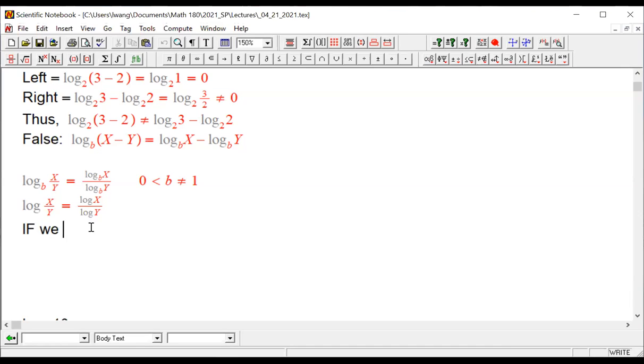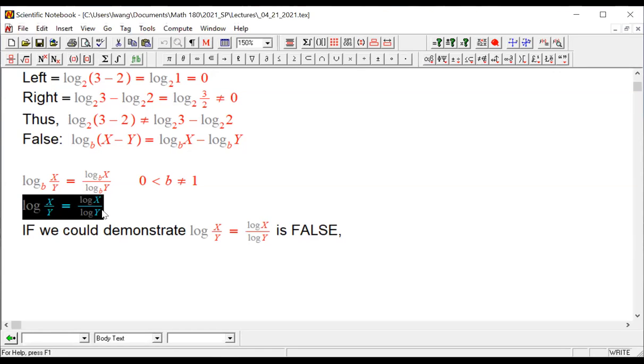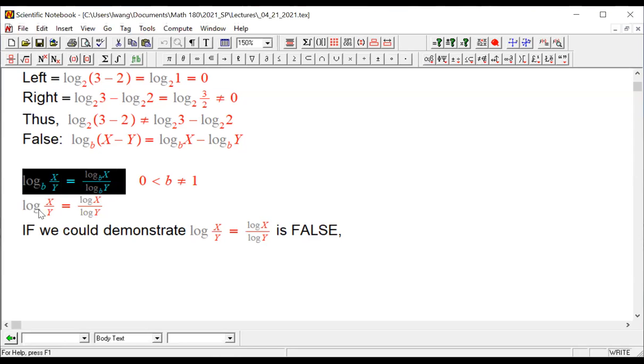If we could demonstrate this is false, because this latter case is a special case of that, when the base is 10, then this one is false.